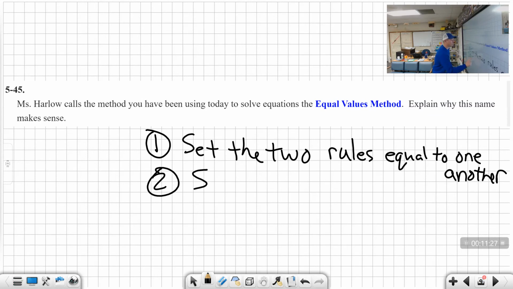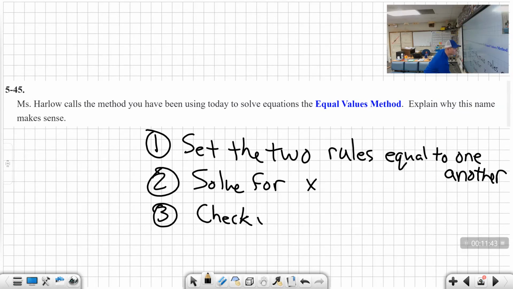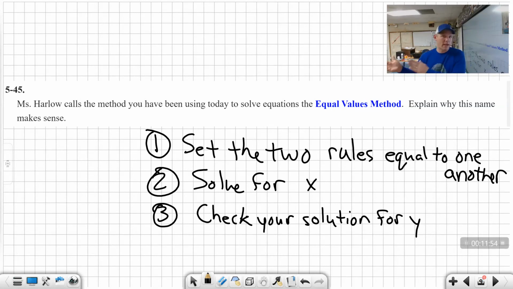Step 2, solve for x. Step 3, check your solution for y. Now, you're taking the x value and you're plugging them in, and that number that you get is the y, because remember, y equals the rule.